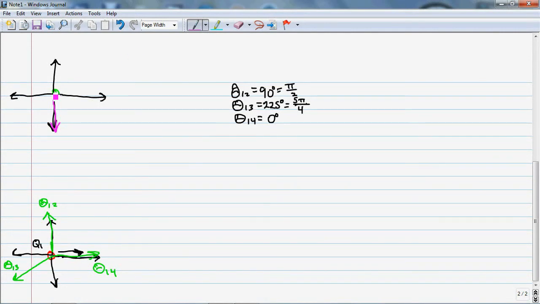And for charge 3, it's going to be attracted, so it's going to go along the x-axis. And for charge 4, they're going to be the same, so it's going to go back away from charge 4.